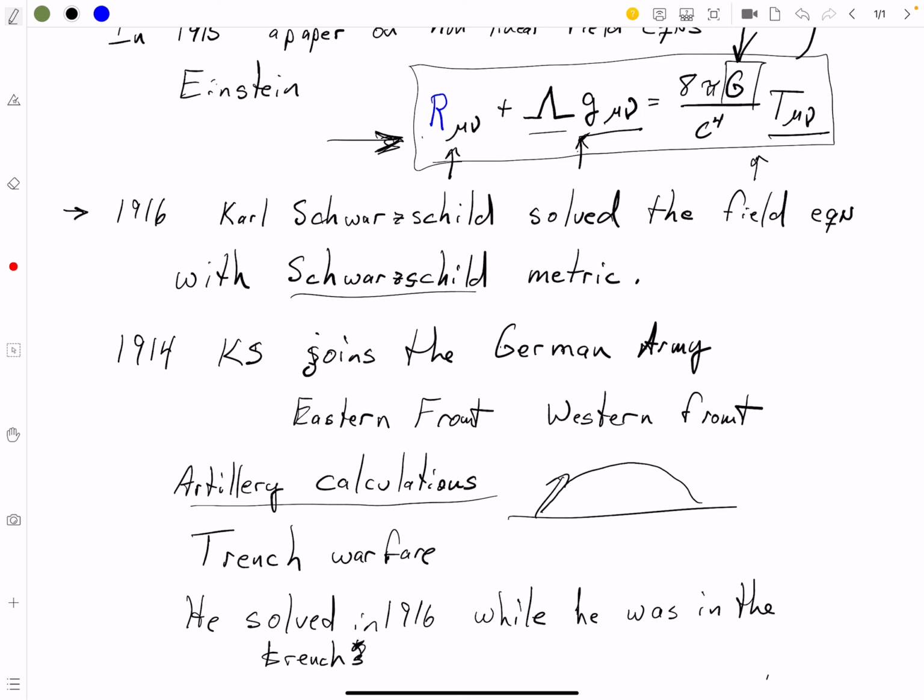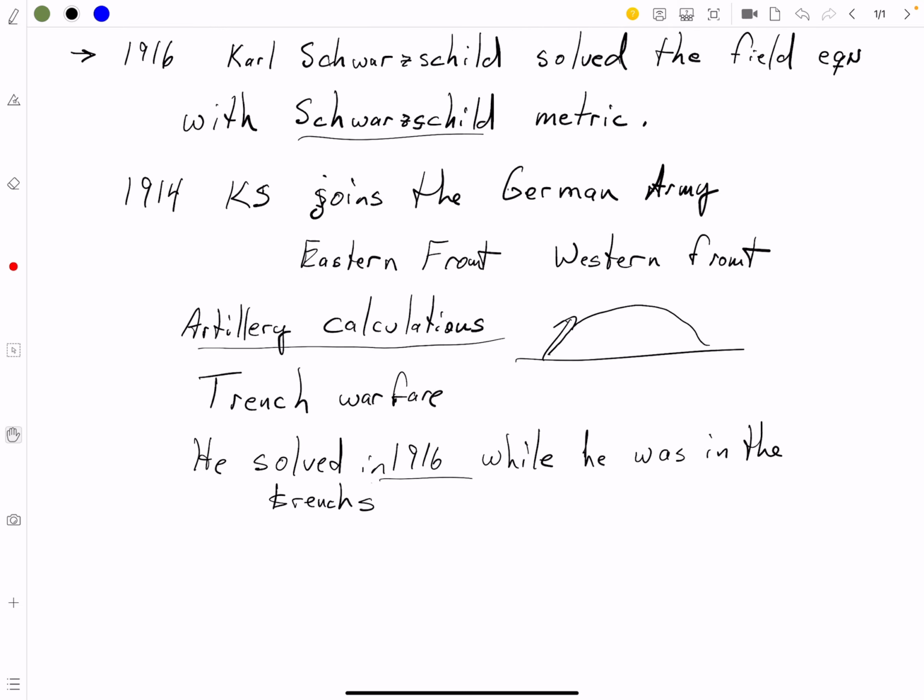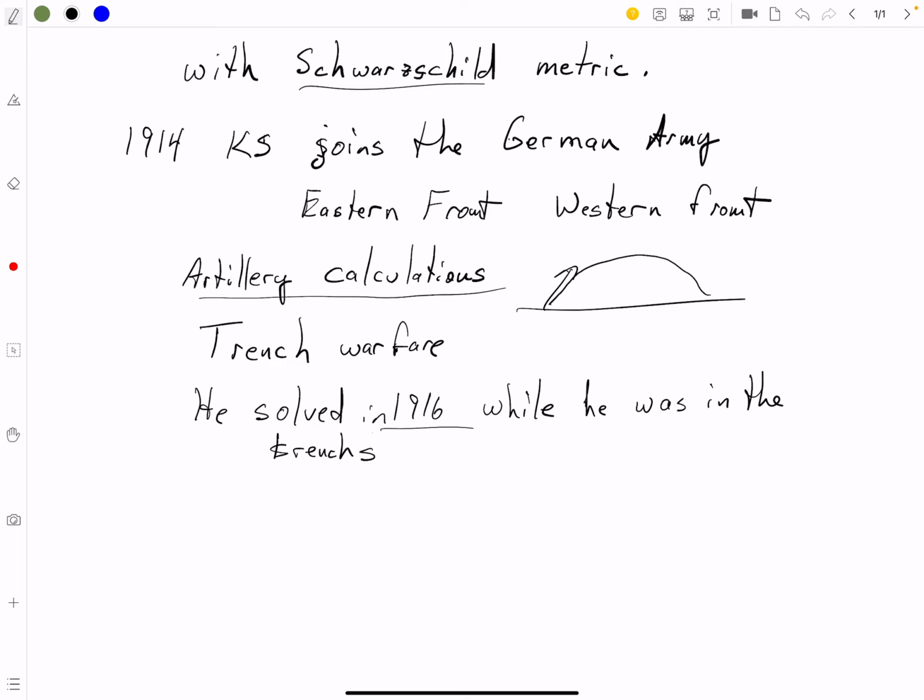Okay, so he's in the trenches doing this. I just can't fathom it. He posts this, not to Instagram, but he puts it in the mail, and they publish everything. And two months later, he dies. He picked up something out in the trenches that killed him. He just died of a disease.